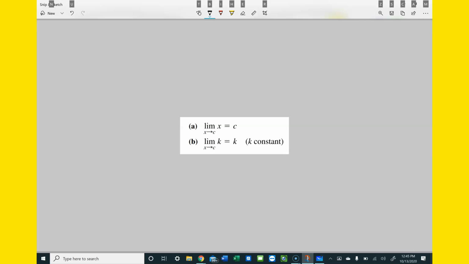These were presented as theorems in the previous section, but now we're going to prove them using the delta epsilon definition. So I'm going to prove part A right here. I'm trying to find a delta such that the absolute value of x minus c less than delta implies that f of x minus c is less than epsilon.